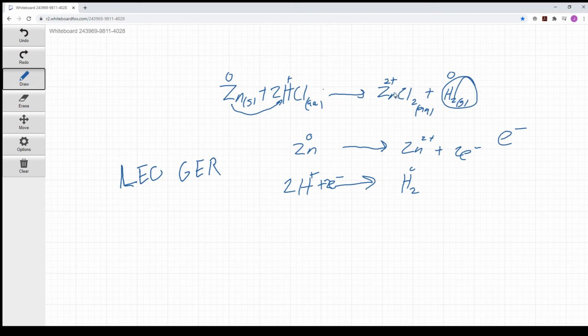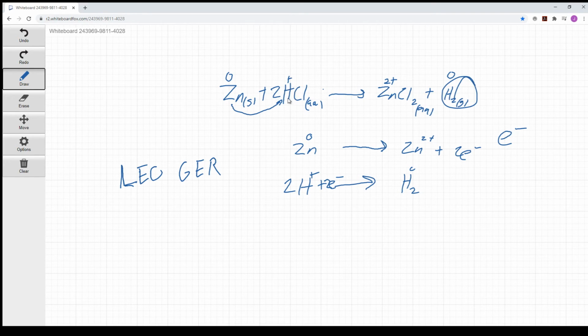Again, remembering that electrons are negatively charged, if we went from a 0 charge to a 2 plus charge, we lost 2 negative charges, or in this case, we lost 2 electrons. So the zinc was oxidized in this case. Zinc went from neutral to 2 plus plus 2 electrons, so it lost those 2 electrons. So we say that the zinc was oxidized.